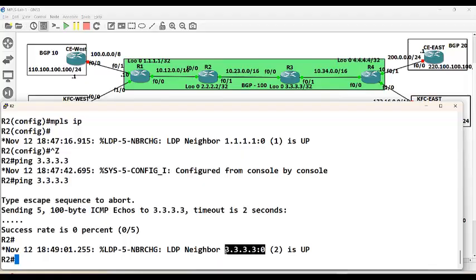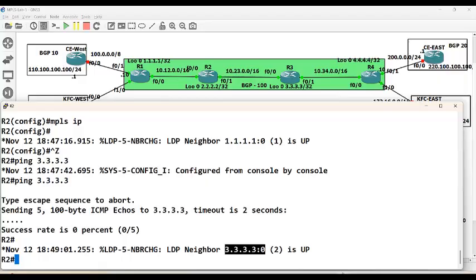So you do this on R1 and R4, and the VPN comes up. After which, we went to R1's BGP's VRF address family. And then we said you have a neighbor called 100.0.0.1, which is CE West.